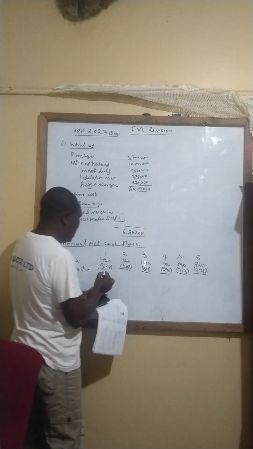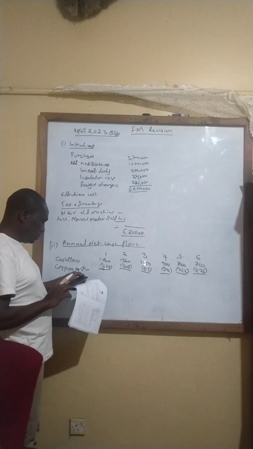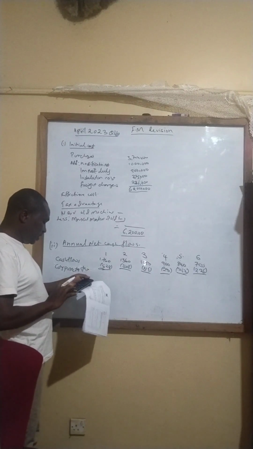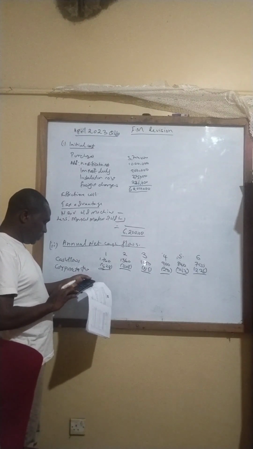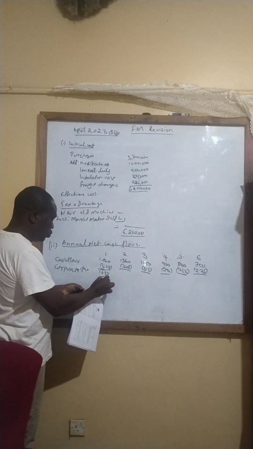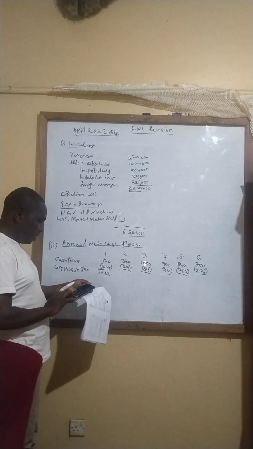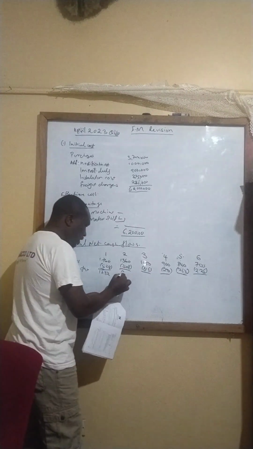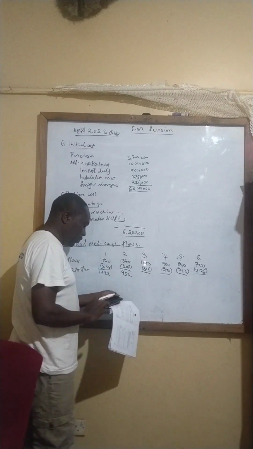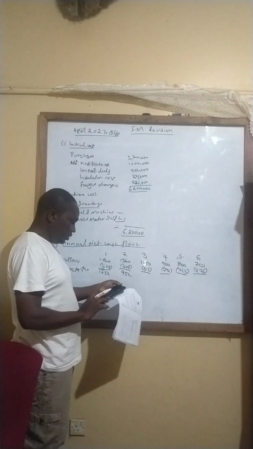So subtract now and see how much is the cash flow. So it will be 1760 minus 528. Your answer is 1232. The other one is 1360 minus 408. Your answer is 952. The other one is 1050 minus 315.